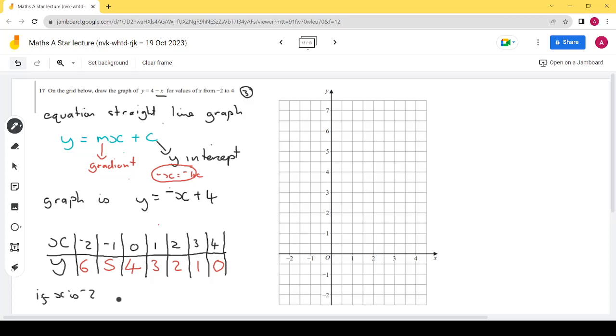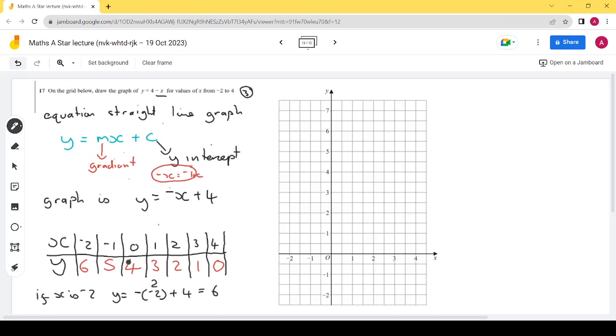So y equals minus minus 2, which would just be 2, and then plus 4, because the two negatives cancel each other out to make a positive, which equals 6.